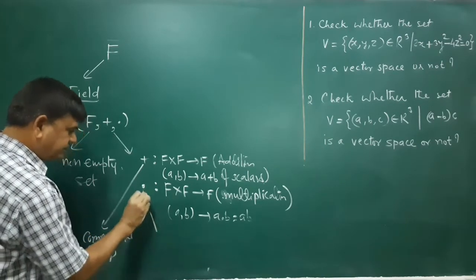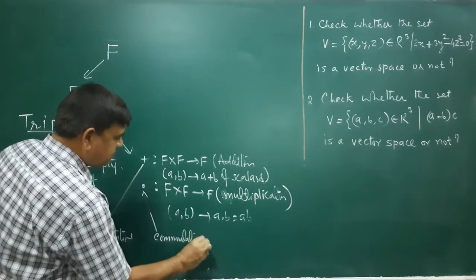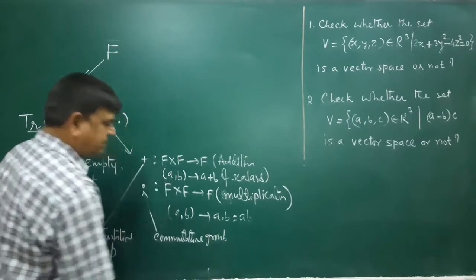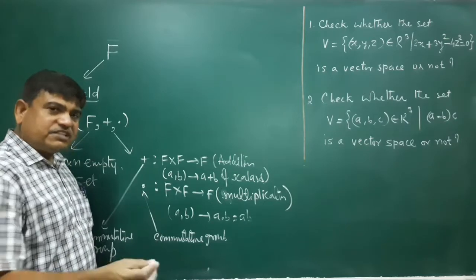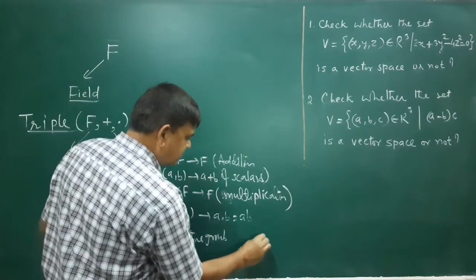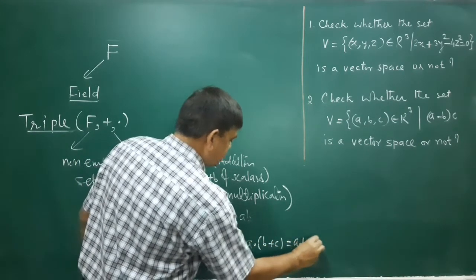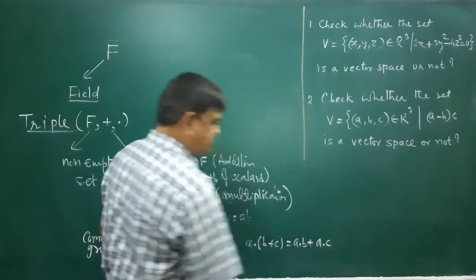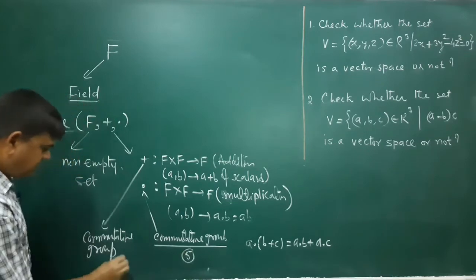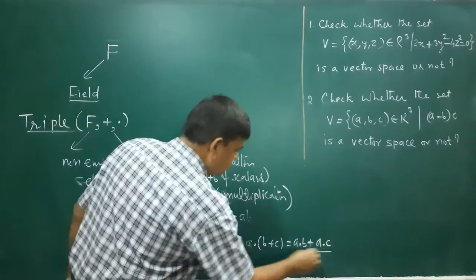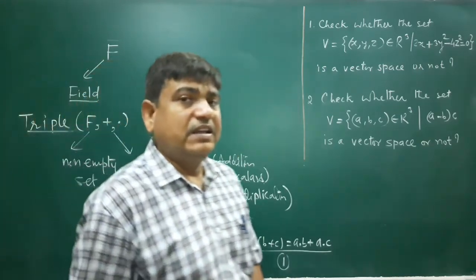This is also a commutative group, and the combined properties of these two, that means the distributive property, that is a dot (b plus c) equals a dot b plus a dot c, left as well as right. This includes 5 properties, this also 5 properties, and distributive. So 5 plus 5 plus 1, that is 11 properties.